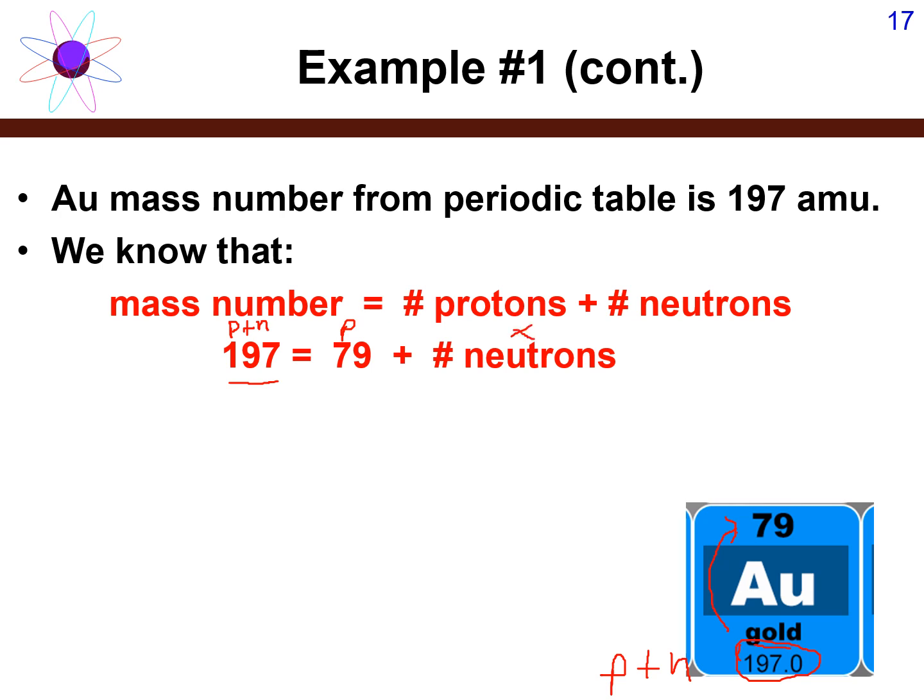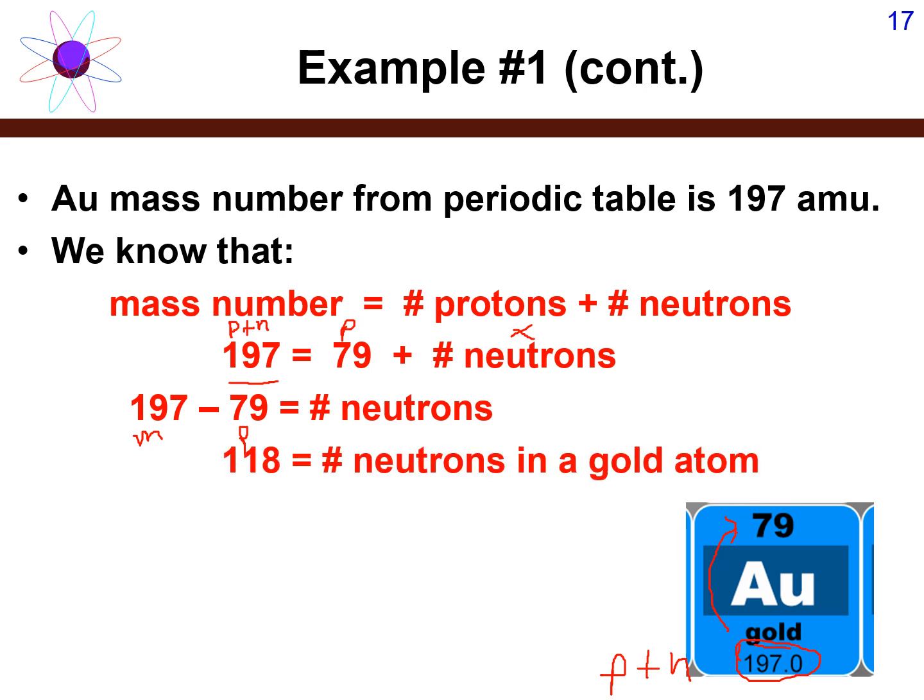So basically you take that mass, subtract the number of protons, and you'll get the number of neutrons. So there are 118 neutrons in a gold atom. So how do we get this? We took the mass, 197, subtract out 79, and that number leaves you with the number of neutrons.